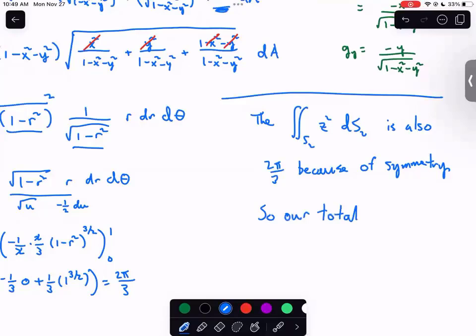So our total answer over the entire sphere is going to be 2 pi over 3 for the top half, 2 pi over 3 for the bottom half, and so our final answer, 4 pi over 3.